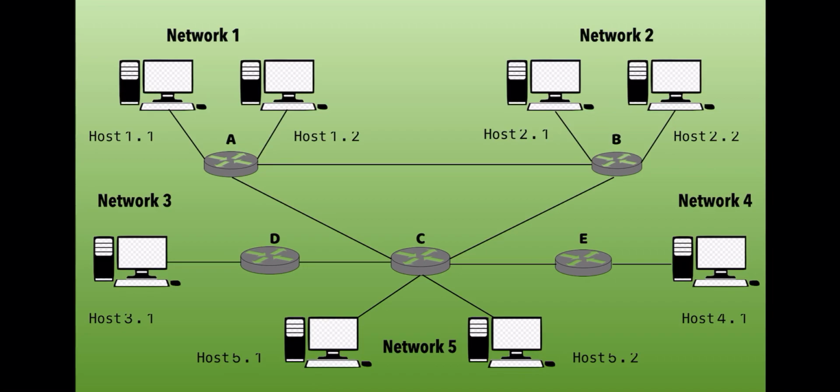By best possible we mean the one that would take the least time for the packet flow. So the best possible path is from router A to C to E and then finally to host 4.1.